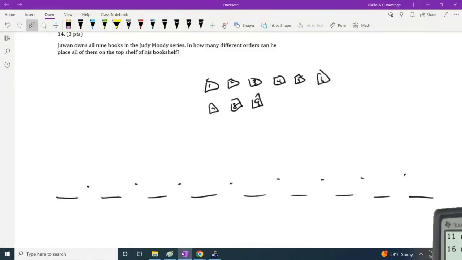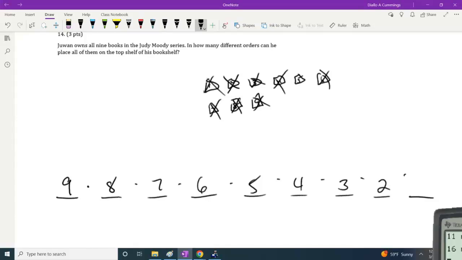So like we're looking at the bookshelf, and for the first book, how many choices of books do we have to choose from? 9. So let's say I choose that one. Then it's 8, 7, 6, 5, 4, 3, 2, and then 1.